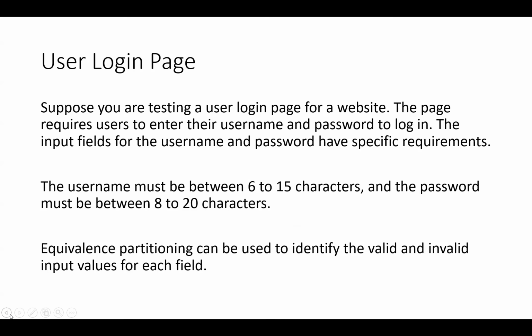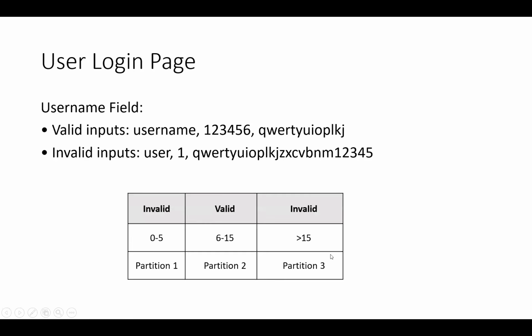We said that the username must be between 6 and 15 characters and the password must be between 8 and 20. So let's look at the username first. Between 6 and 15, that is a valid username. Anything less than that is invalid, and anything greater than that is invalid also.